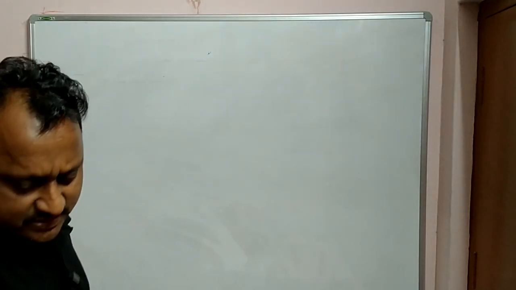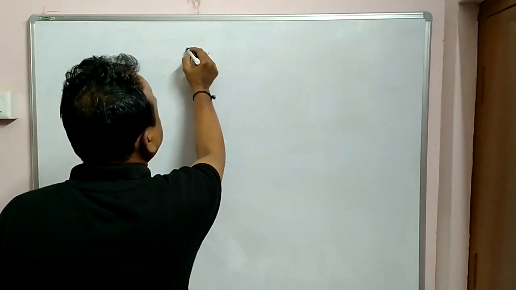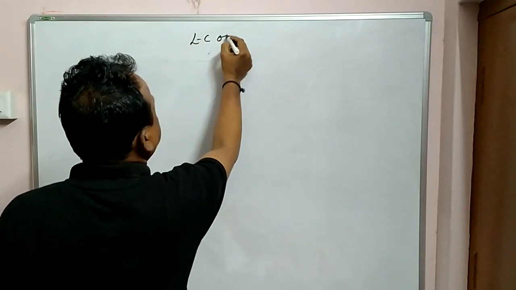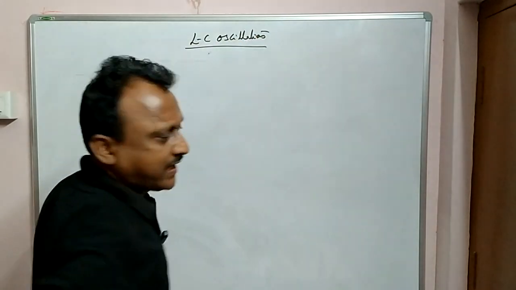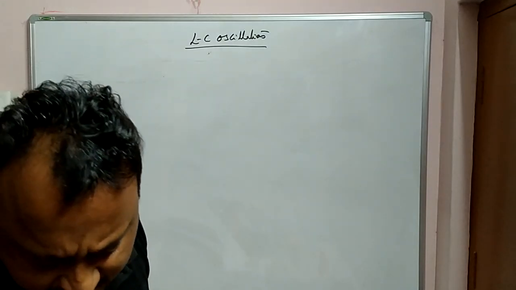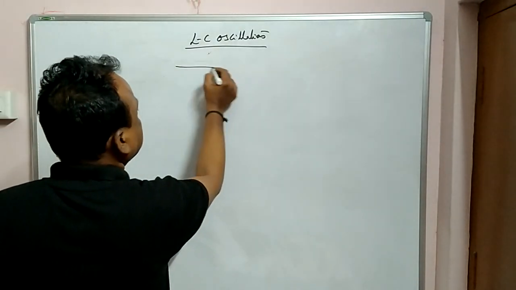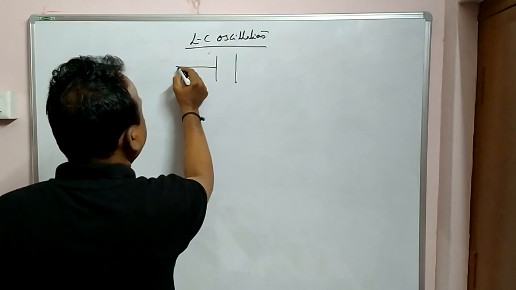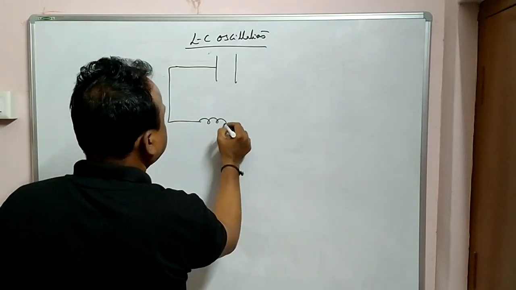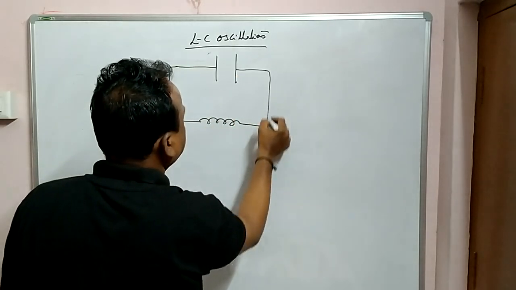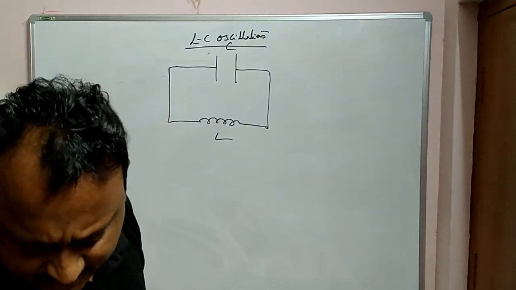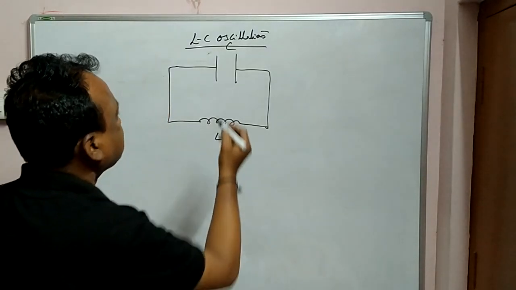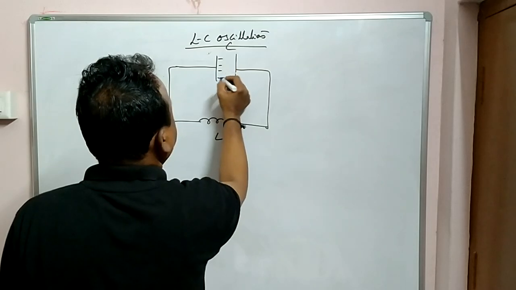In LC oscillations, if you see, the inductor and capacitor will be in the circuit. Inductor and capacitor. So in this case you can see, sometimes it will be like this.